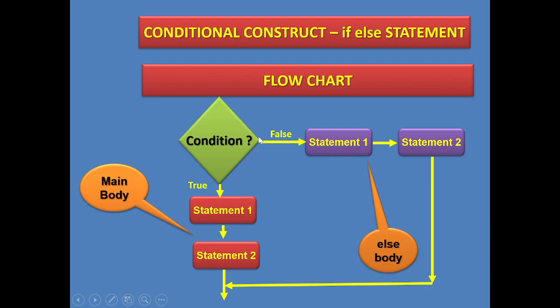And if the condition is false, then the else part of the code will run. So this is the basic idea of if-else. When the condition is true, the if part will run, and whenever the condition is false, the else part will run. This picture will help you to understand.